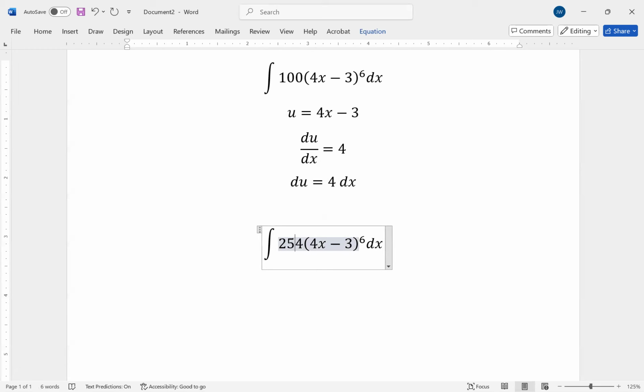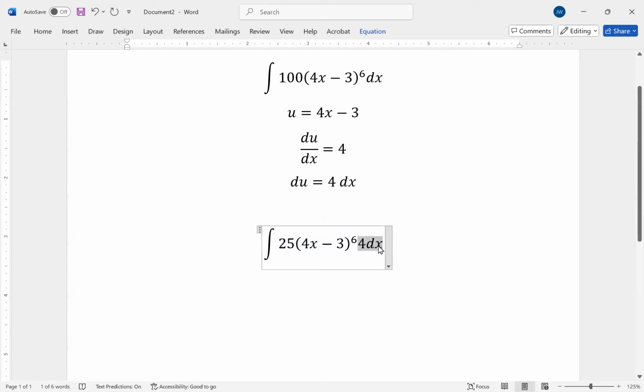And because multiplication is commutative and associative and all of that, I can take that 4 and put it in the back part of my integration next to the dx.